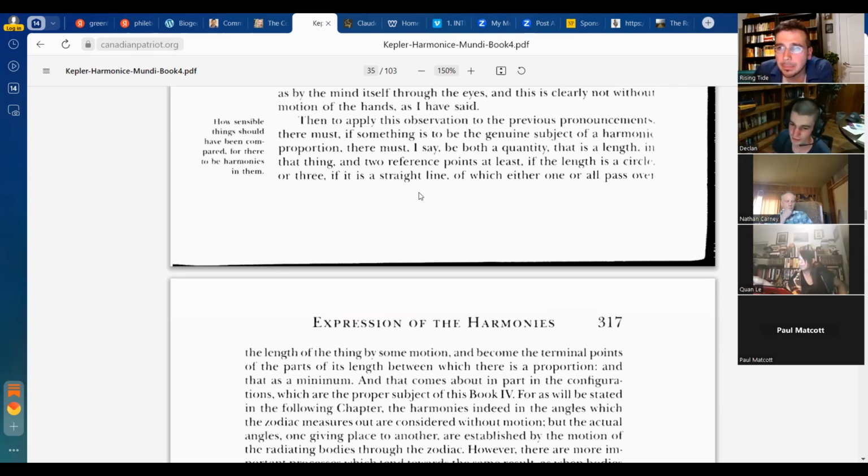Okay, let's reread that, because my screen did freeze a little bit as you were reading that part. Let's reread from where it starts, with how sensible things should have been compared for there to be harmonies in them.